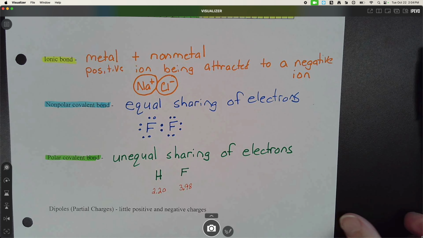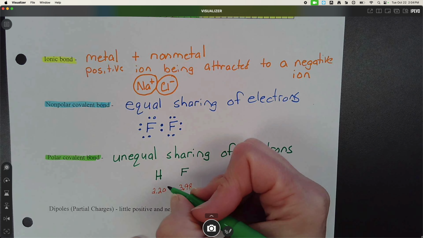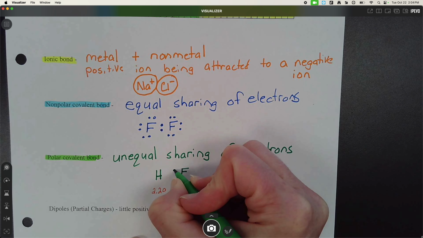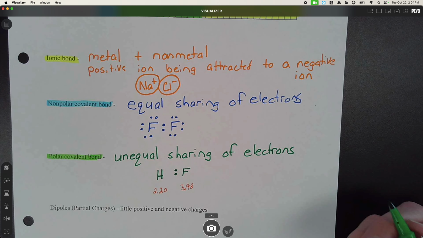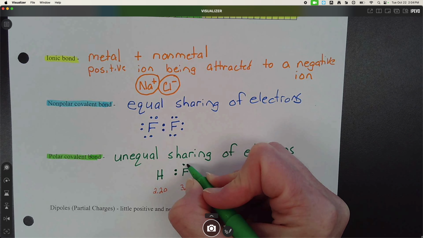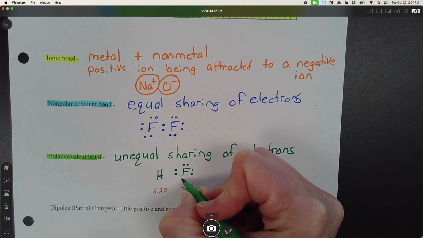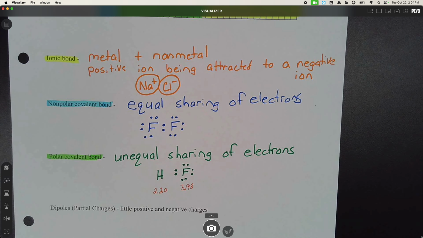So fluorine has a much, much bigger hold on those electrons. So the electron cloud gets pulled in the direction of the fluorine, and the shared electrons are shared in such a way that fluorine has them more often. And it's just because fluorine is more electronegative. So they are still sharing because it's two nonmetals, but that sharing is relatively unequal.